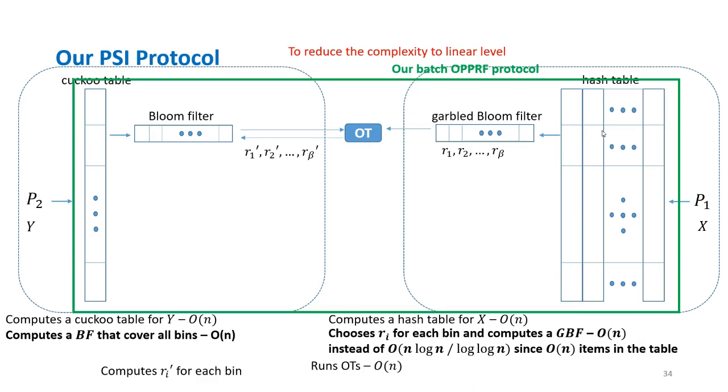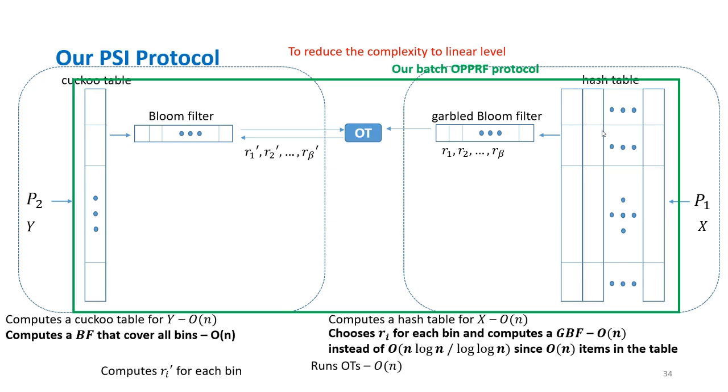To achieve the linear complexity, we utilize our batch OPPRF protocol. Here it seems that the sizes of the Bloom filters need to be O(n log n / log log n), because the total number of items in the hash table is O(n) times O(log n / log log n), that is the size of the bins in the hash table.